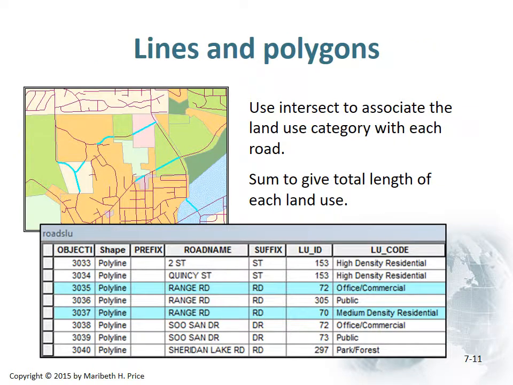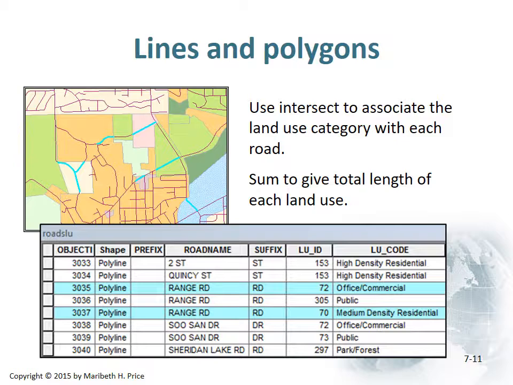So here is an example of that very thing. We use the lines over the polygons. We associate and link those things together through the table. So the resulting data set we're calling here roads LU, signifying that it was the roads layer, and we combined all of the attributes from the land use data set into the new data set.